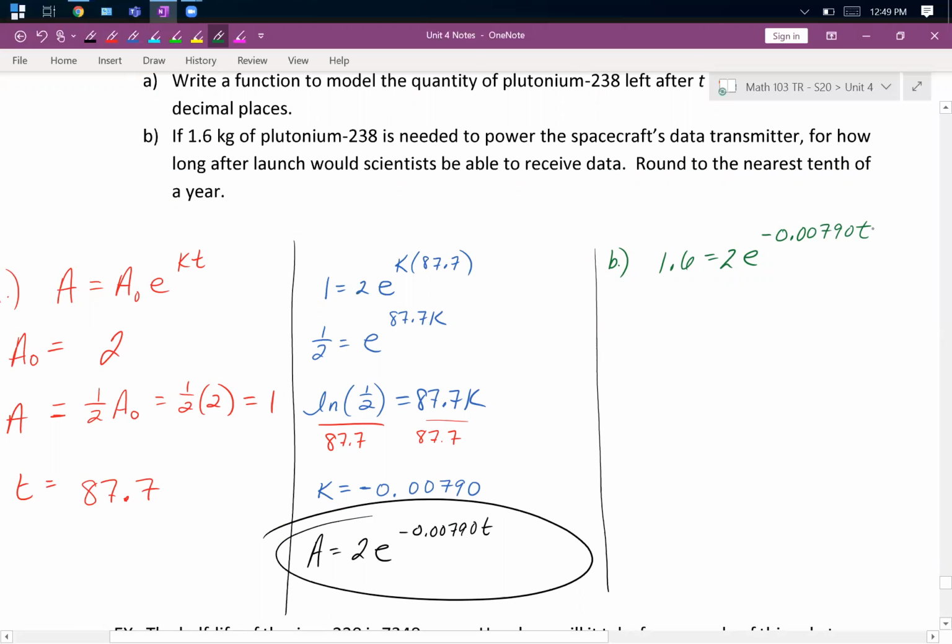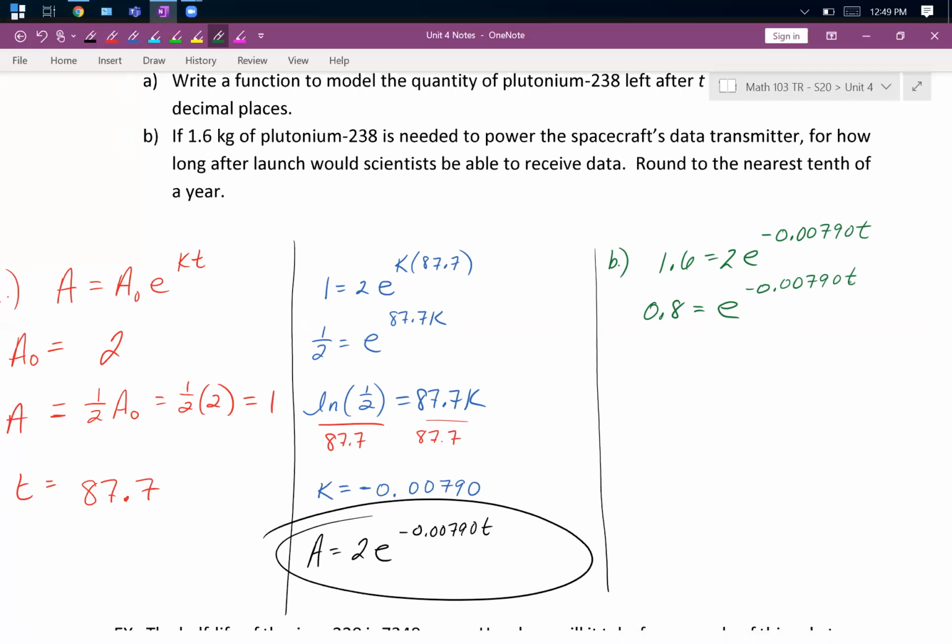We'll follow our procedure for exponential equations since our variable's in the exponent. So let's isolate the exponential. We'll divide both sides by 2, giving us 0.8. Now that we have isolated the exponential, we want to rewrite it in logarithmic form.